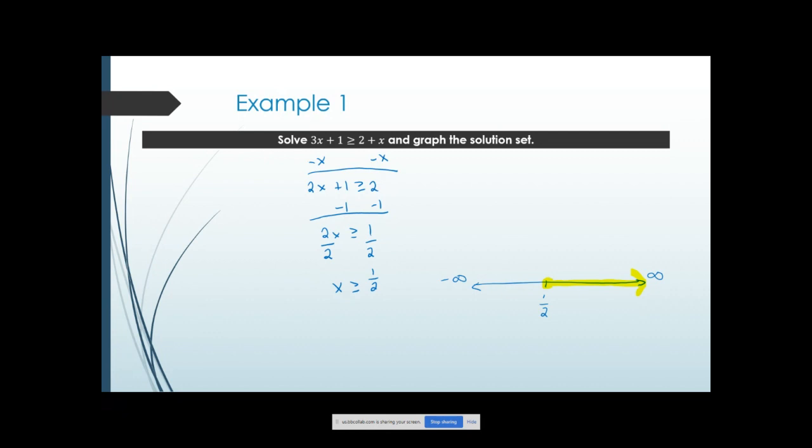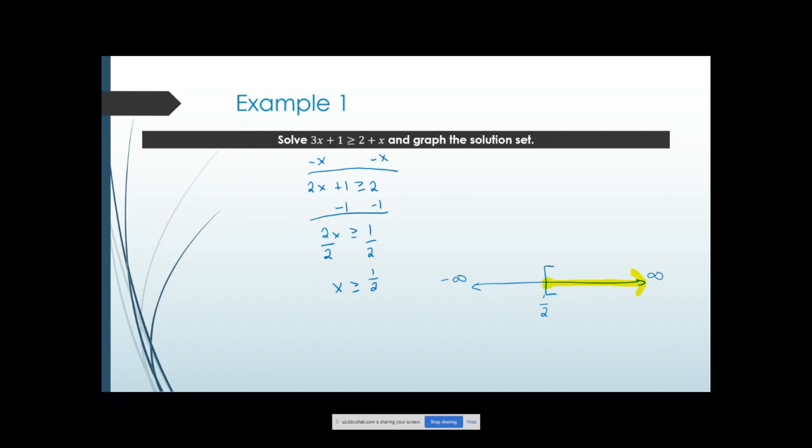So because we can equal 1/2, that is a bracket. The bracket is used whenever you have an equal to part. And the bracket faces the direction that you were shaded.